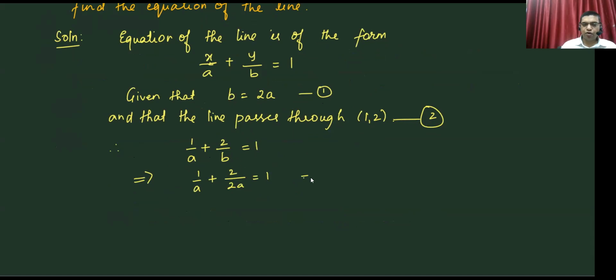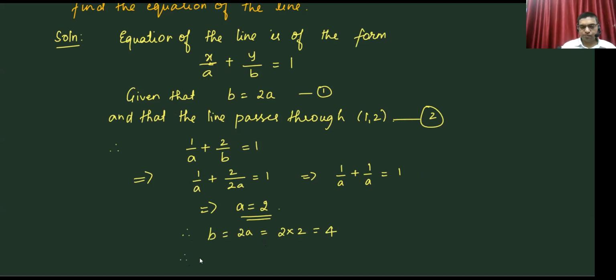So what do we get? 1 by a plus 1 by a equal to 1, or 2 by a equal to 1, which means a is equal to 2. Therefore, b is equal to 2a, which is 2 into 2, 4. Got it?